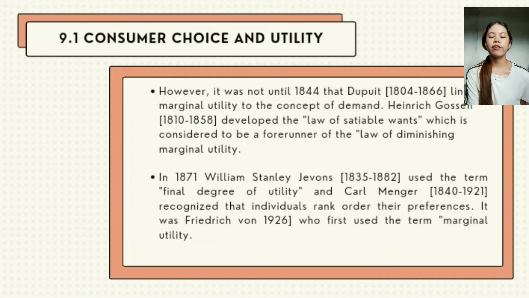In 1871, William Stanley Jevons (1835 to 1882) used the term final degree of utility, and Carl Menger (1840 to 1921) recognized the individual's rank order of preferences. It was Friedrich von Wieser who first used the term marginal utility.